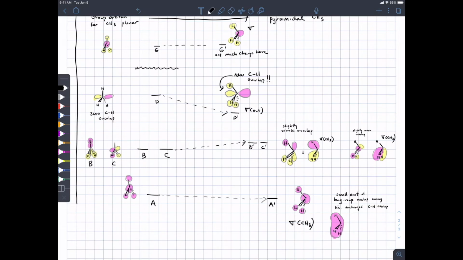Okay. We've established that orbitals D prime and G prime have the same kind of bonding interaction. However, if you look at the carbon that would be involved in bonding, up here it's a 2s orbital. Here it's a 2p orbital.